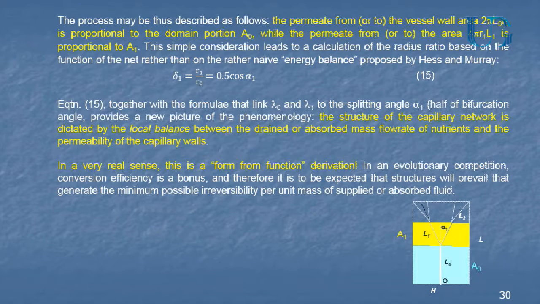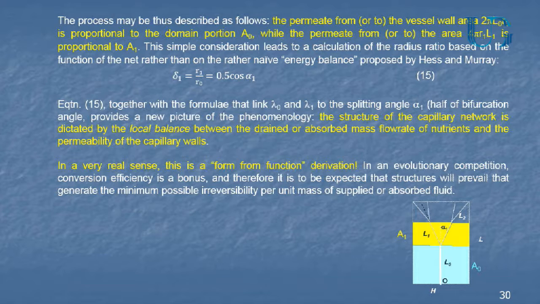What I have to assume is that this branch, the main branch, delivers blood to all of this rectangle, and that the smaller branches deliver blood to this rectangle. But this is a very crude assumption. It's likely that there are different shapes for the areas which are supplied with blood by this thing. So the results may change numerically, but the idea is the same.